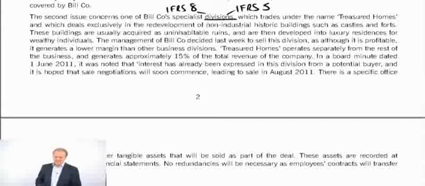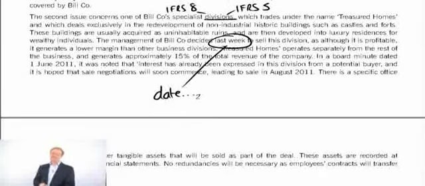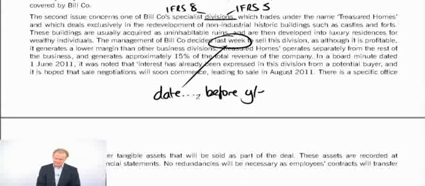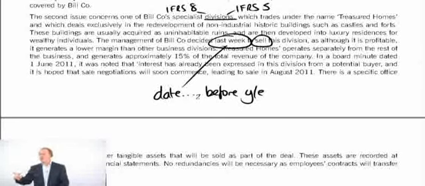The management of Bill decided last week, that is a date, so let's look at the significance of it. It's early June, last week is before the year end, to sell this division. Right, they're not closing it, they are selling it.